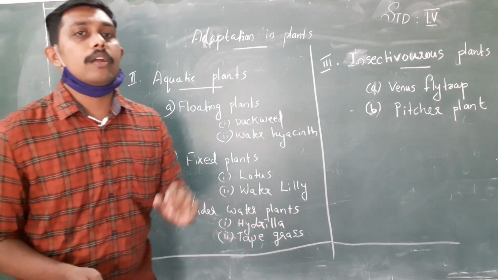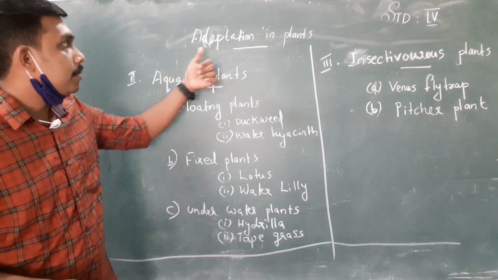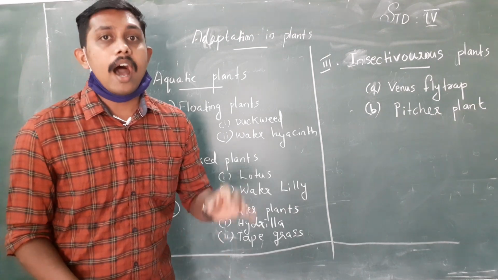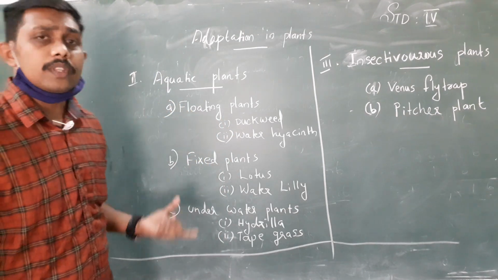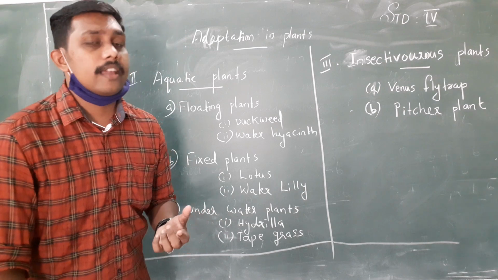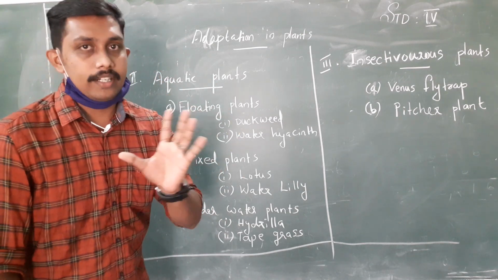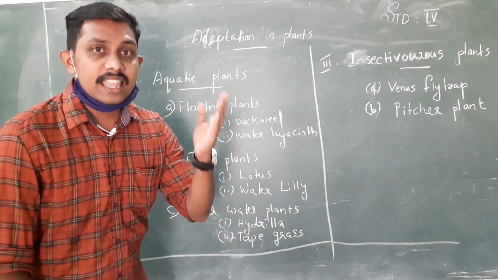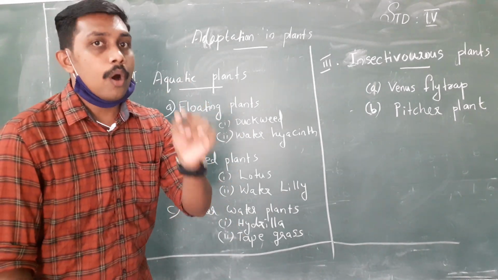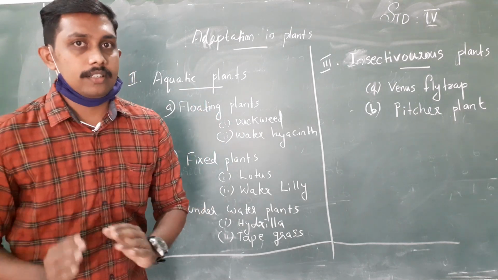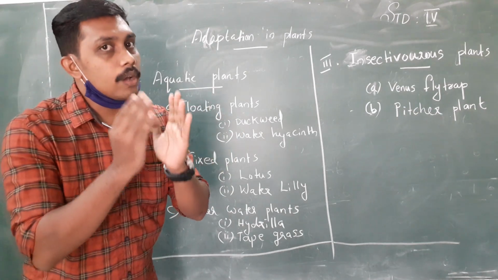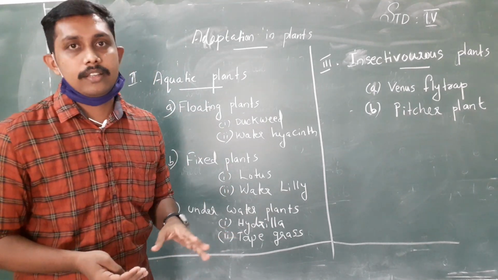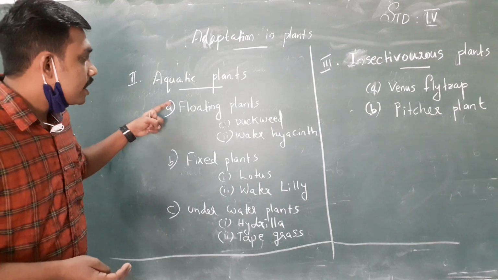Today we are going to discuss adaptation in plants, the second one: aquatic plants. What are aquatic plants? What do you mean by aqua? Yes, aqua means water. The plants that grow in or near water are called aquatic plants, in which we are going to discuss 3 types.